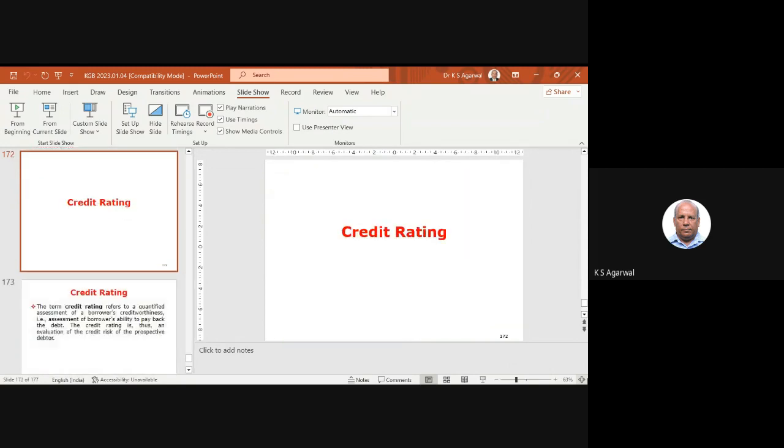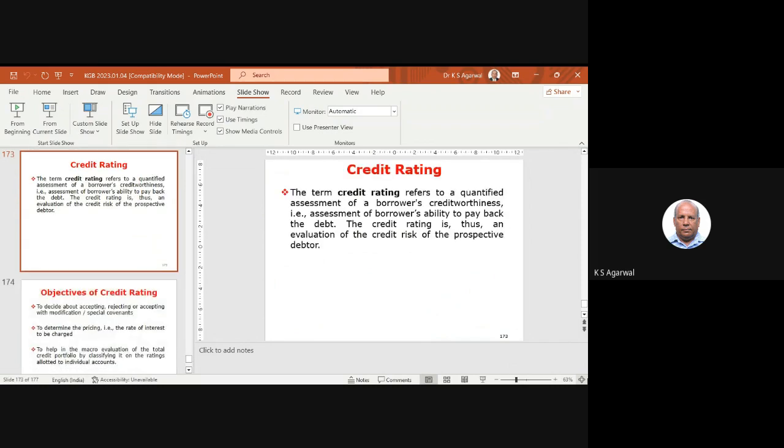Now the last topic is credit rating. What is credit rating? The term credit rating refers to a quantified assessment of a borrower's creditworthiness. Whether I should give him a loan or not, whether he is creditworthy or not, his credit rating will decide.